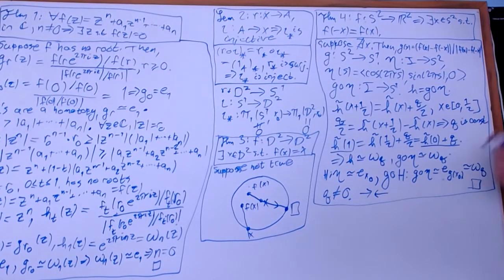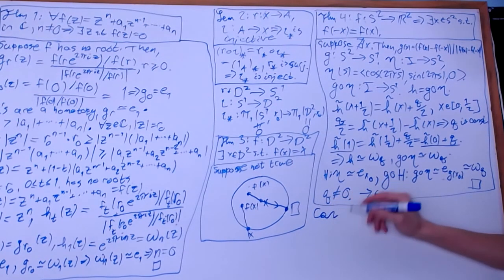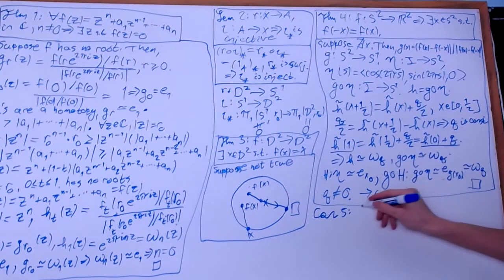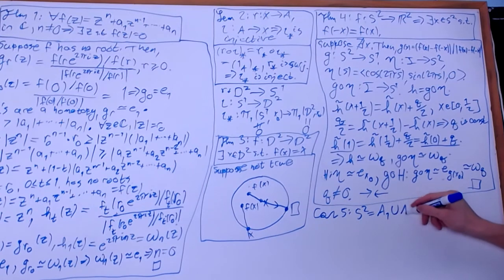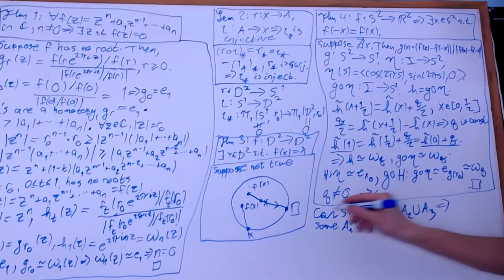An interesting result of the Borsuk-Ulam Theorem, I'll call it corollary 5, is that if I divide S2 into 3 different closed sets, A1, A2, and A3, then some Ai contains some element x and its antipodal point.